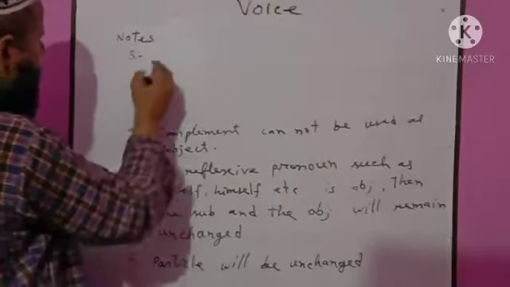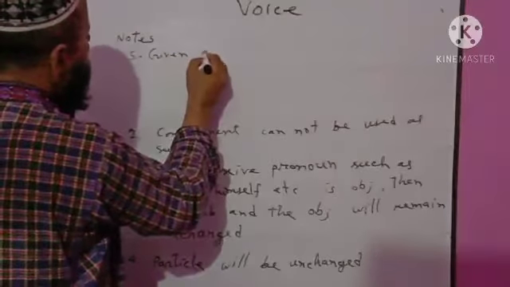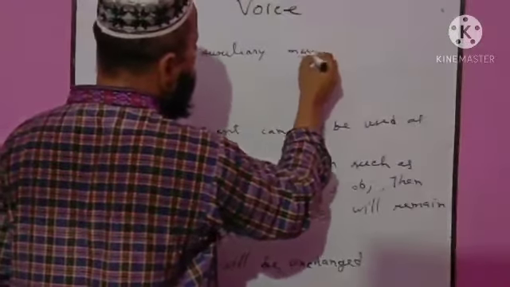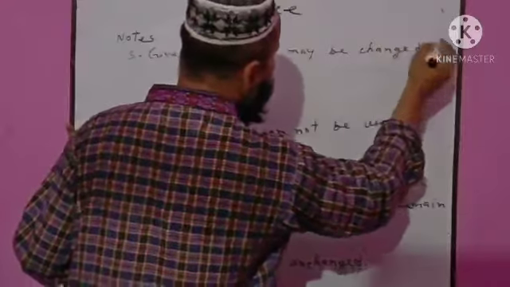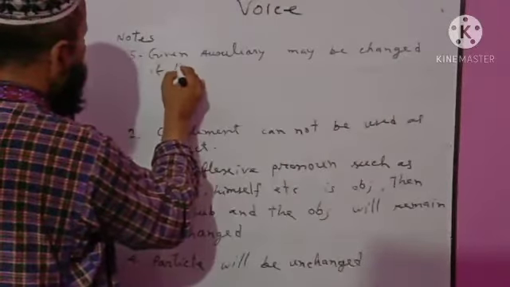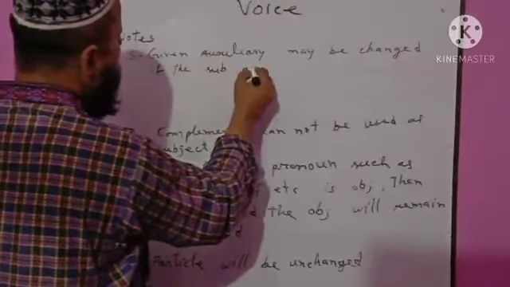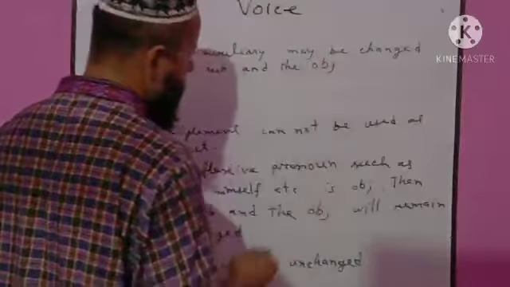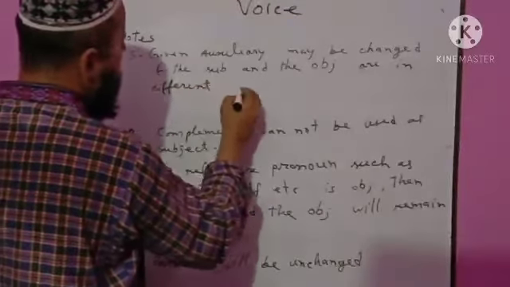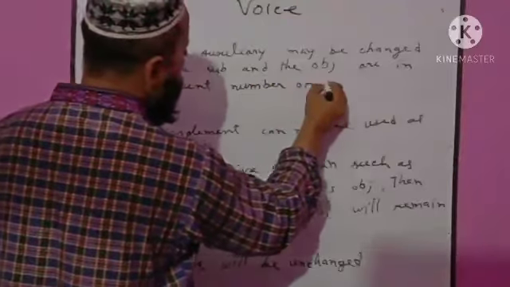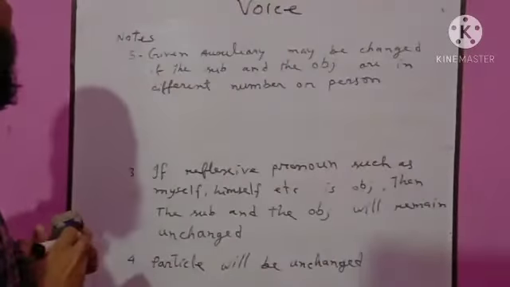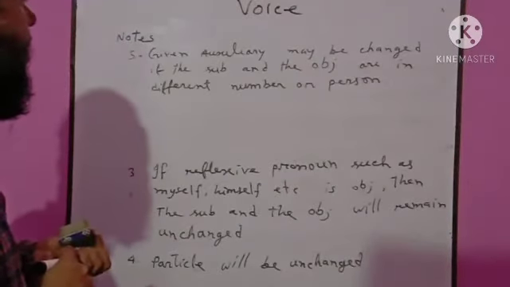Number 5, given auxiliary. Given auxiliary may be changed if the subject and the object are in different number or person.